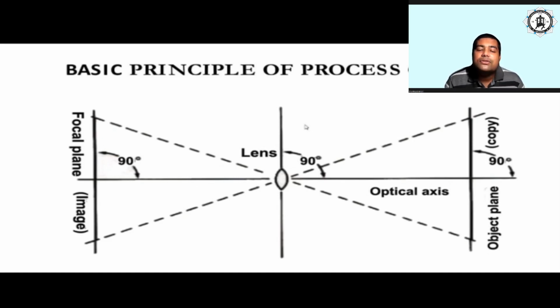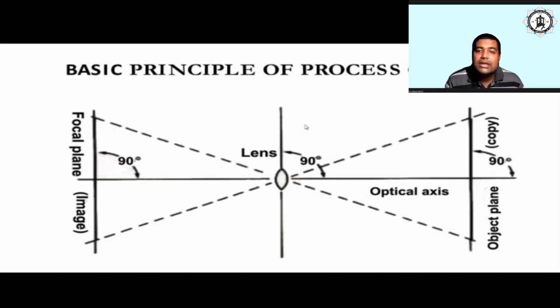Now, why is it known as a horizontal process camera? This is basically the principal schematic that you see in front of you. So what is the construction of a horizontal process camera? Here, the copy board, which you can see on the right hand side, is parallel to the focal plane, also known as the film board, but their arrangement is in horizontal formation.